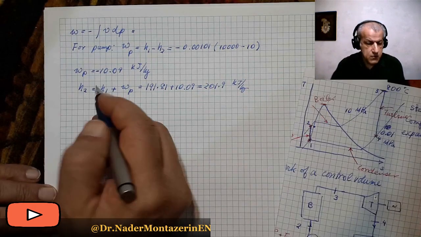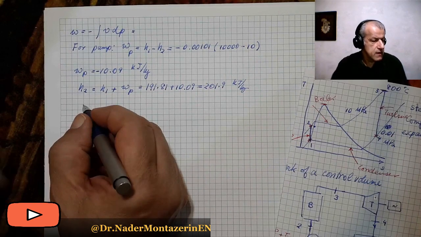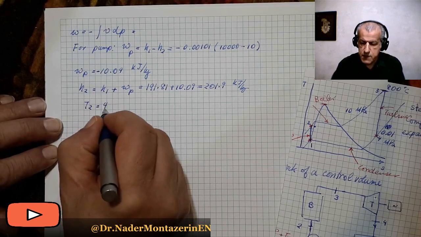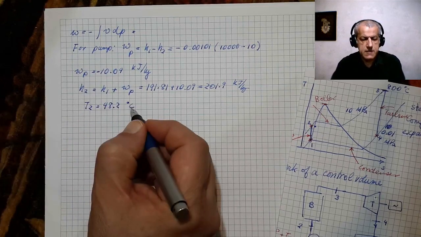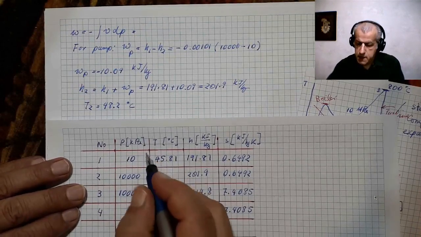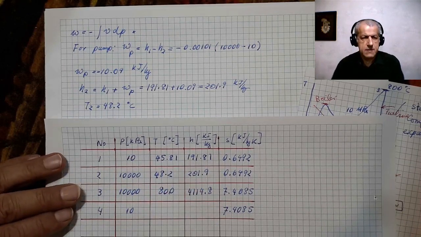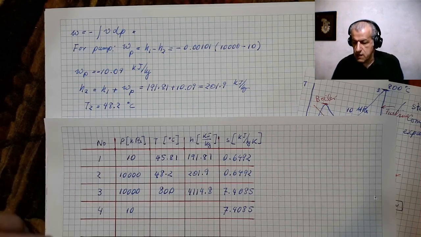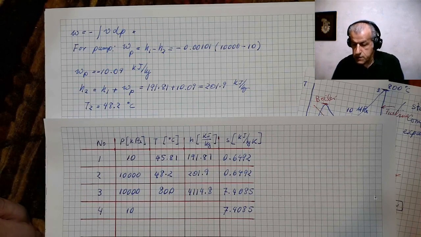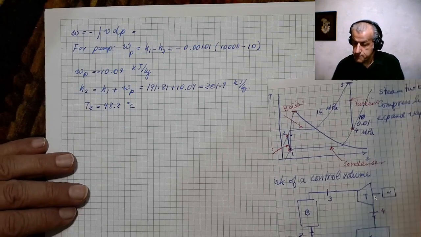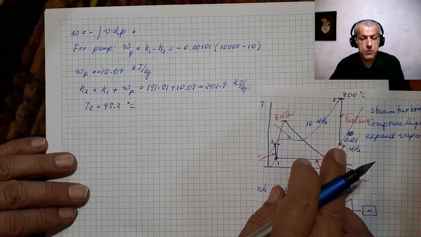Just trying a few values, the value that we would get is T2 equals 48.2 degrees C. So I will write it also here, 48.2 degrees C. So now we know 3 of the key points in our cycle. The only point left is point 4.